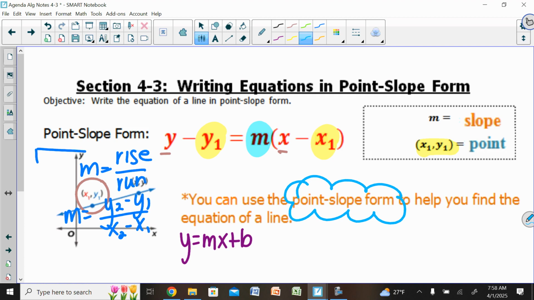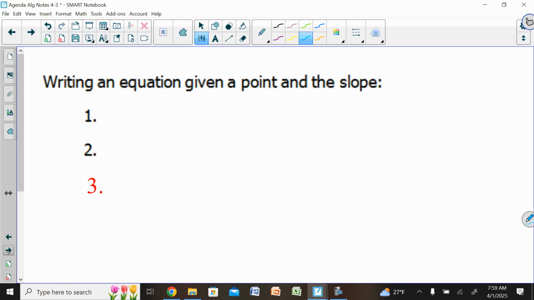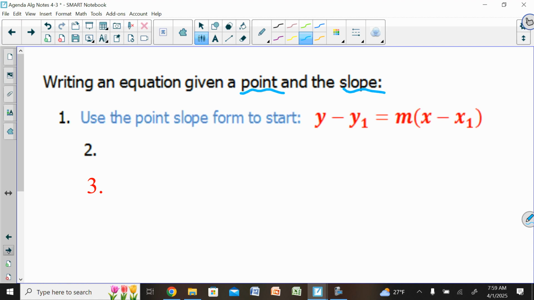But first, let's look at point-slope. So if we're going to write an equation given a point and the slope, it's shouting at you: point-slope tells you that you're going to use the point-slope formula. You're first going to use the point-slope form to start with.